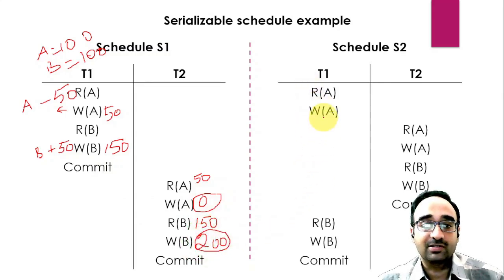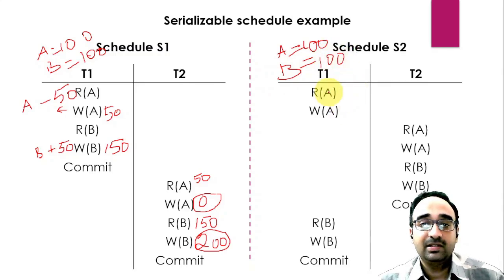Now let's see here also. Like here, A is equal to 100, B is equal to 100. Same thing, write of A is A minus 50, so this becomes 100 minus 50, 50. Let's go here, read of A means A became 50. Write of A means minus 50, A becomes 0. Now read of B. What is B here? 100.